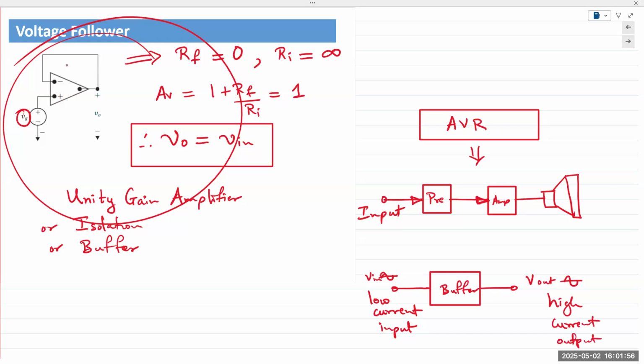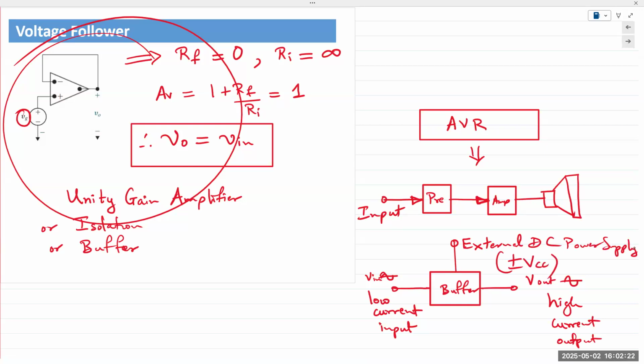So voltage is transferred as it is to the output. The shape of the signal is not changing. But the increased current comes from the external DC power supply, which in the case of the op amp would be plus minus VCC.